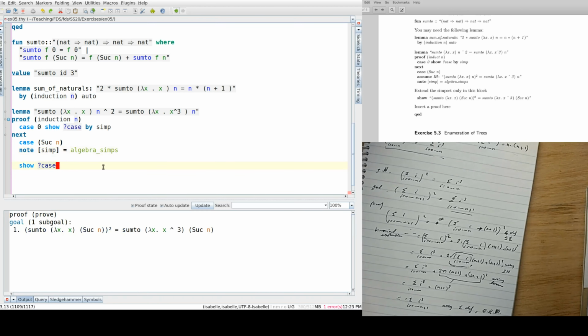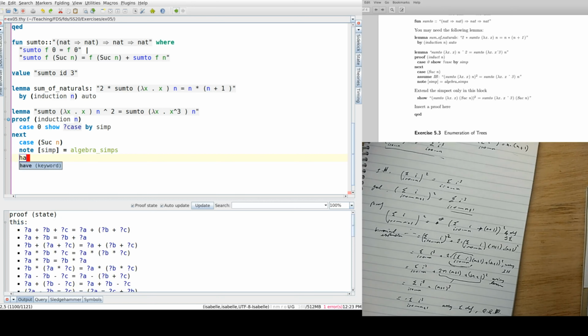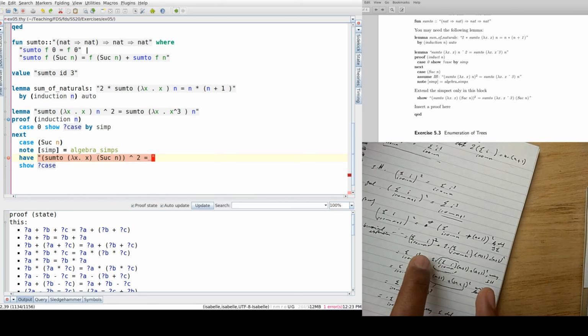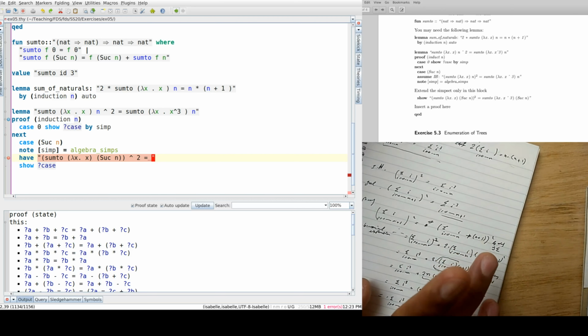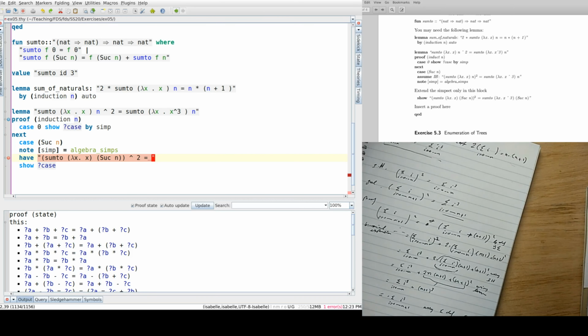Okay, so I'll take that and do so that equals, what did we have there? The right hand side. Just this one.